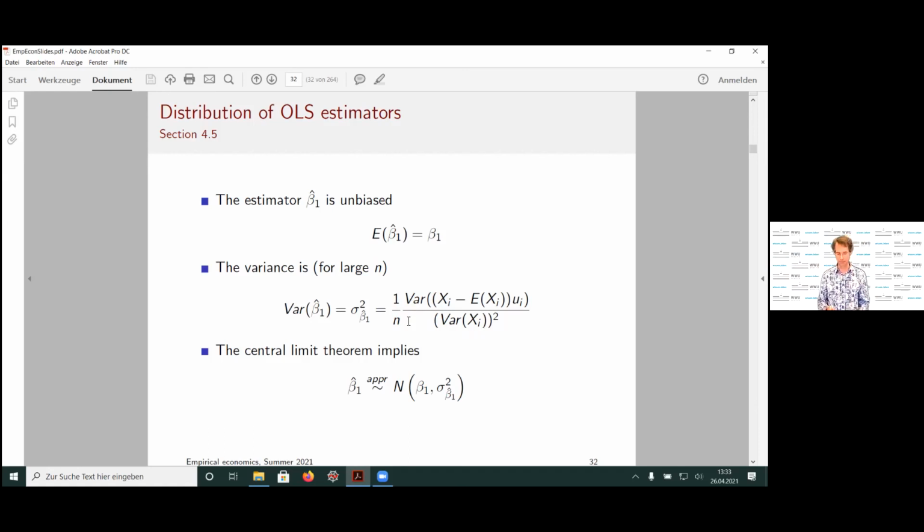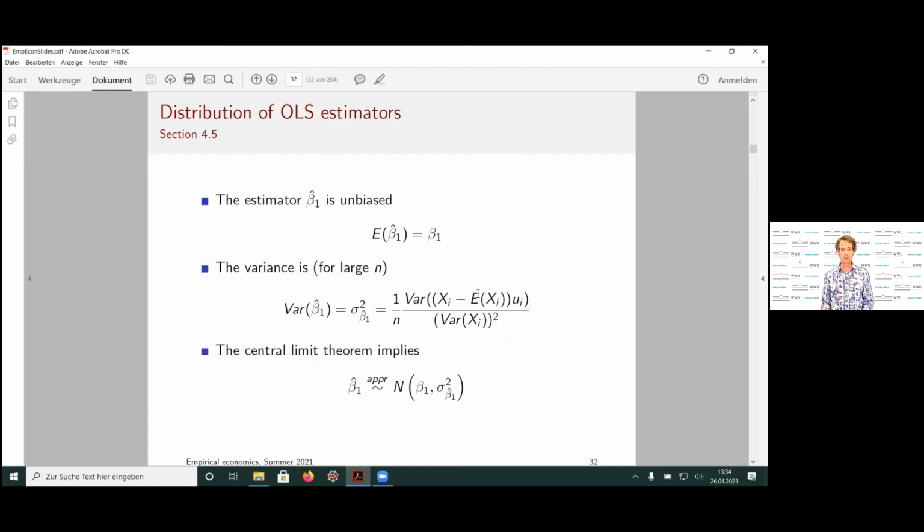Okay, so that's also a nice property. We can also see that the variance of beta 1 hat also depends on the covariation, the variance of this product here, which is hard to interpret, but also on the squared variance of the x. So the more variation we have in our regressor variable x, the larger the variance here, the better our estimation, the more precise our estimation for the slope coefficient. This is visible from the formula for the variance here.